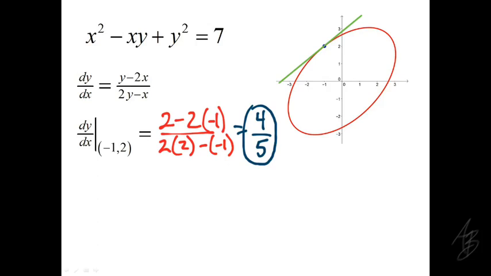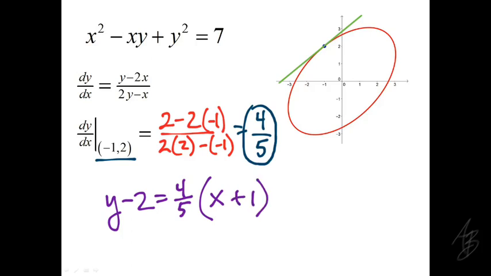If we were interested in finding the equation of this line, we could go one step further and write the equation of that line using this point and this slope, and we could say y minus 2 is equal to 4/5 times the quantity x plus 1.